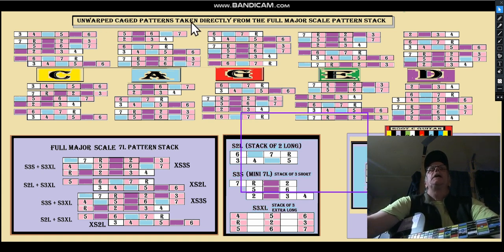The unwarped cage patterns taken directly from the full major scale pattern stack. Not only is it unwarped, but it's taken from the major pattern stack that has the full stack elements only. So here's 7R2. That's a full stack element, right? Let's get rid of this thing because when we zoomed in, it wasn't squared around the same thing.